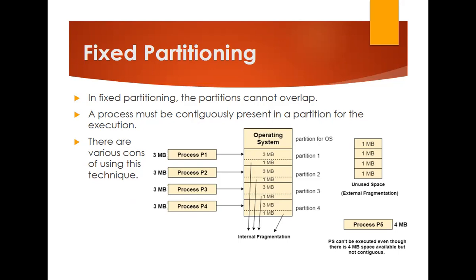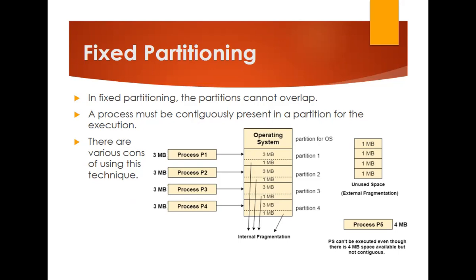It's called internal fragmentation. So if this is 3 megabytes and 1 megabyte of empty space, this is filled by process 1, 3 megabytes, and we have 1 megabyte of empty space. So the internal fragmentation of partition 1 is 1 megabyte. If this partition size is 5 megabytes, let's say, we have 2 megabytes of empty space.